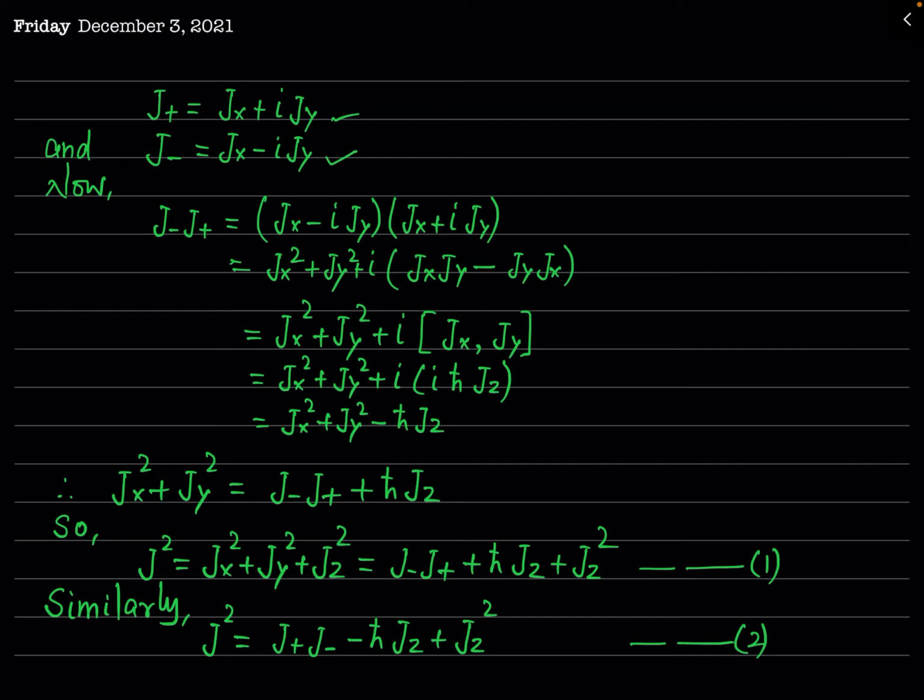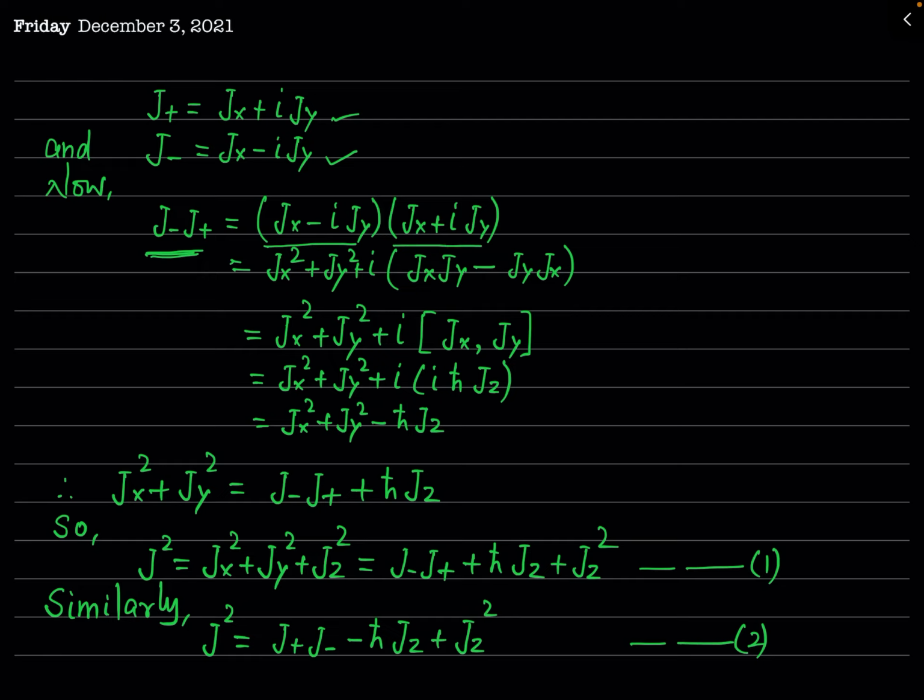Now from these two equations, we will first of all find the operator J minus J plus. Remember this step because it will be needed for finding the eigenvalues of the operator J squared. Let us put in the values of these two operators: J minus is Jx minus i Jy, and J plus is simply Jx plus i Jy.